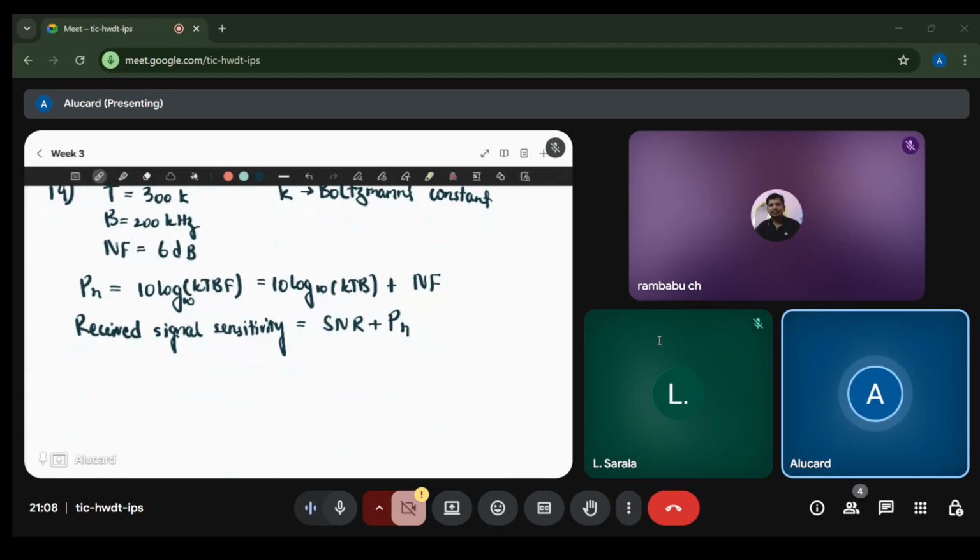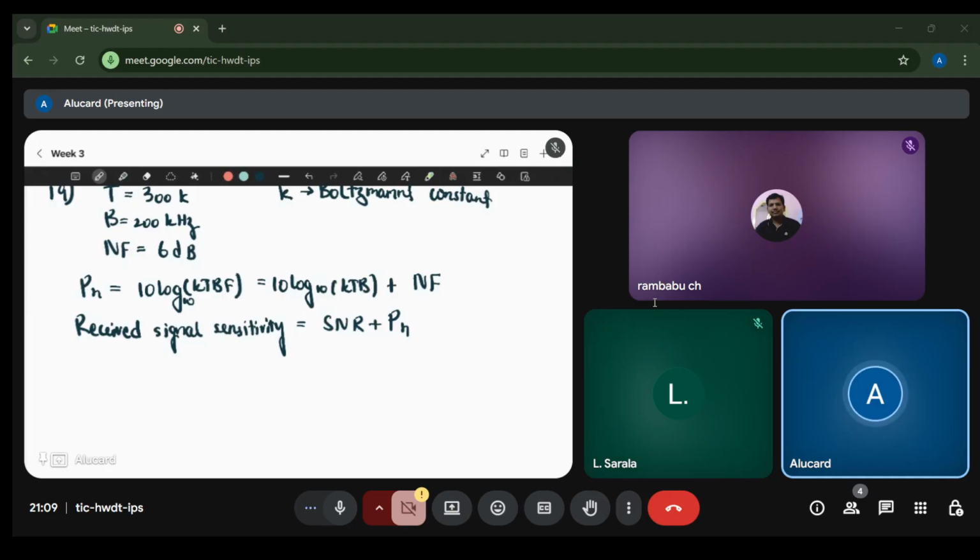The SNR minimum required, you can look in the question, it's 4 dB. Then you have to add the noise power that you calculated here. Then you'll get some received signal sensitivity.